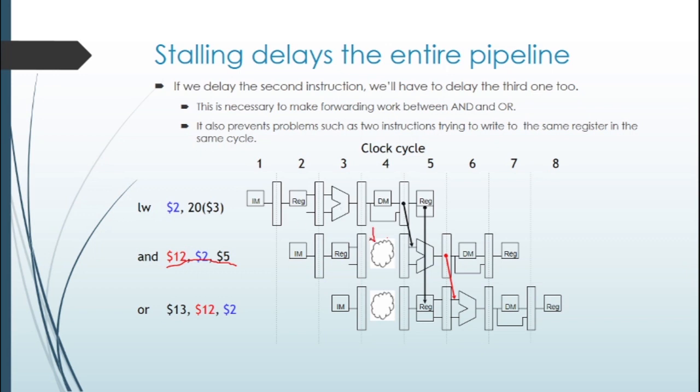So why do we call it a bubble? This is a very simple terminology, and it is related to the pipeline as well. In a simple water hose or water pipe, if we have some air gap inside, we see a bubble coming out of the hose. That bubble is an indication that there's water missing, some water gaps there.